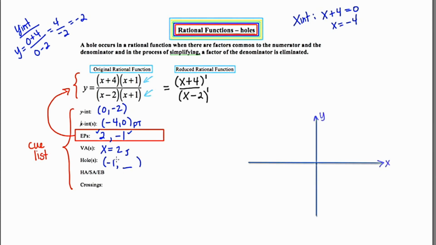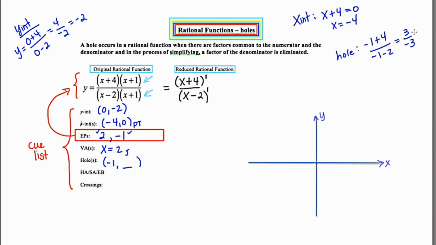The question is, am I going to plug the negative 1 into the original, or into the reduced? Well, as a reminder, we can use the reduced for every single Q except for excluded points, and we've already done that. So really, that's the last time I have to look at the original function. So I'm going to take the negative 1 and plug it into the reduced, and I'll do that over here on the right.